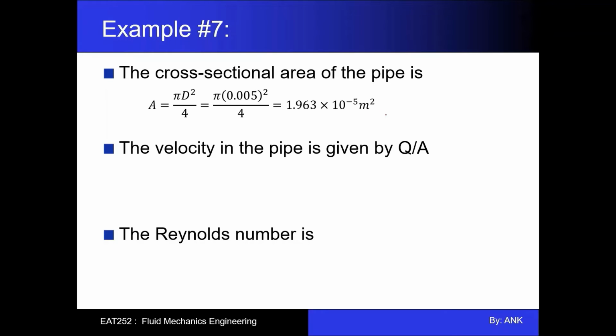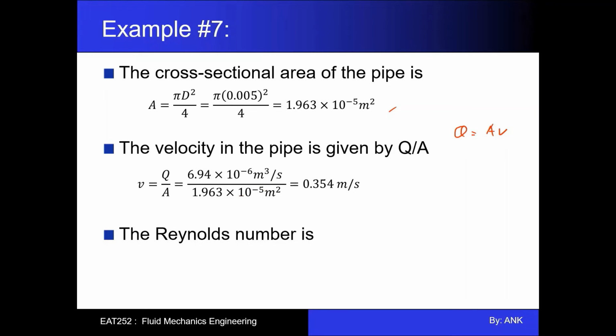So we already calculated the area, and then we need to calculate the velocity in the pipe. We can use the equation Q is equal to AV, area times velocity. So the velocity is equal to flow rate divided by area.